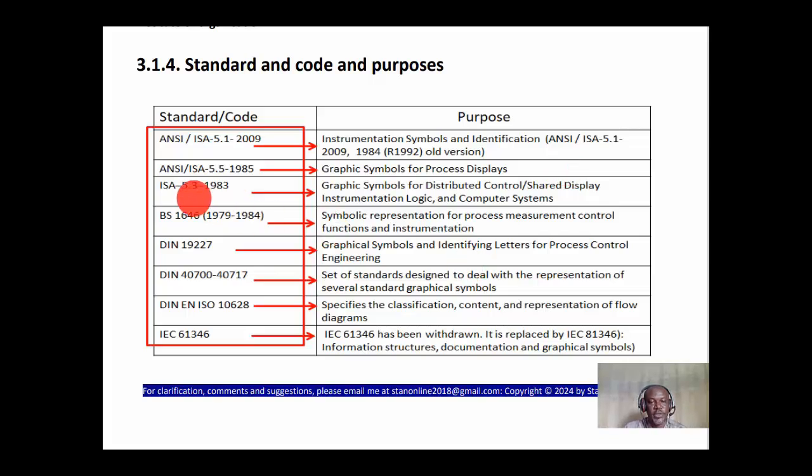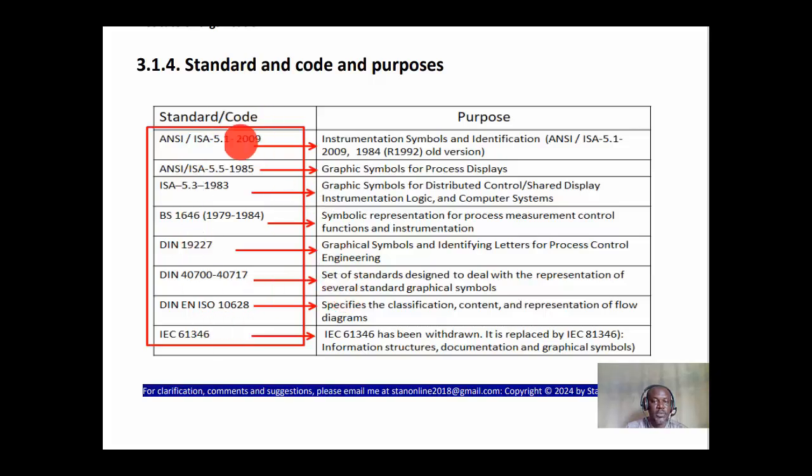Then we have, for example, ANSI ISA 5.5-85. What is the purpose of this standard? It's for graphic symbols for process display. Then we have ISA 5.3-1983, for graphic symbols for distributed control and shared displays instrument, logic, and computer systems.